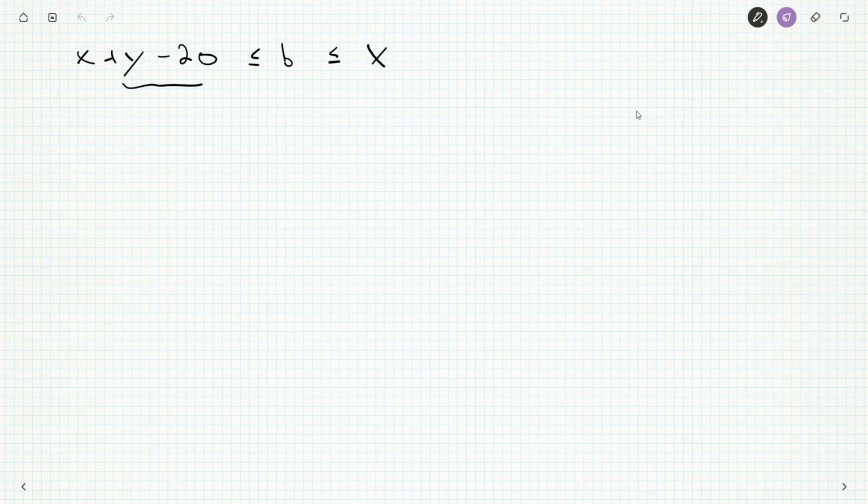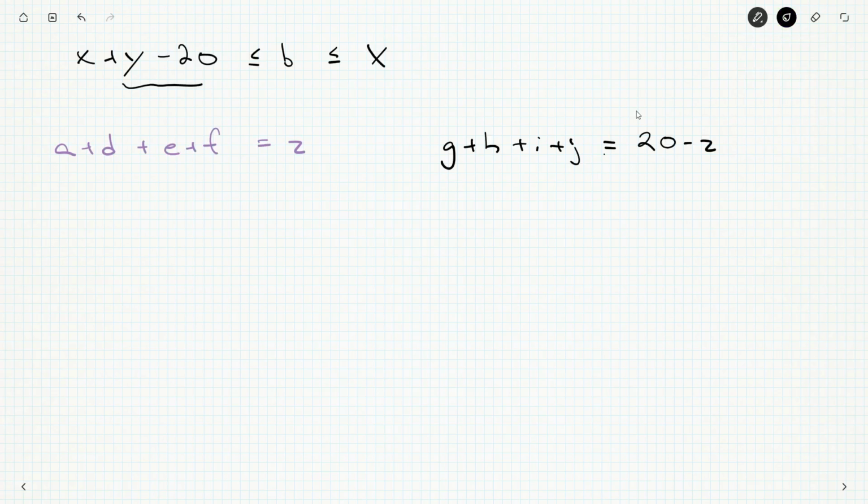So, A plus D plus E plus F must be equal to Z. And that tells me G plus H plus I plus J must be equal to 20 minus Z. Fine. Okay. Now A plus G is equal to B.